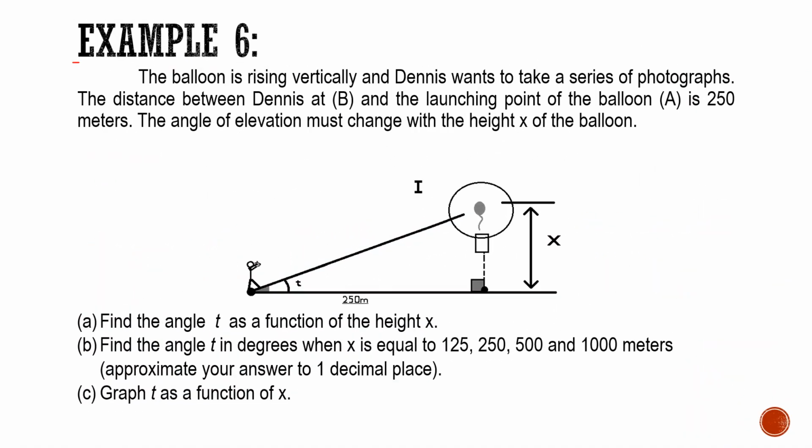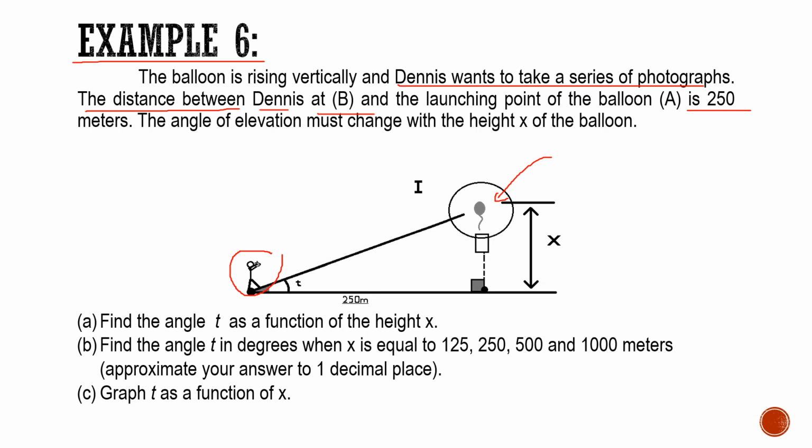So for example number 3, the balloon is rising vertically and Dennis wants to take a series of photographs. The distance between Dennis at B and the launching point of the balloon A is 250. So if this is Dennis and this is your balloon, they are 250 meters apart.